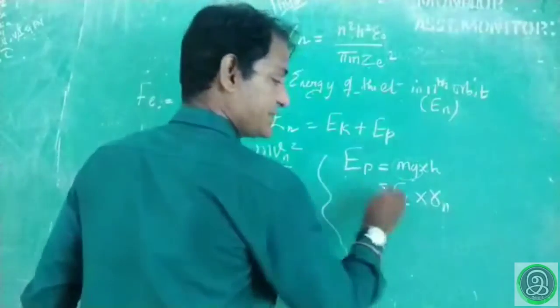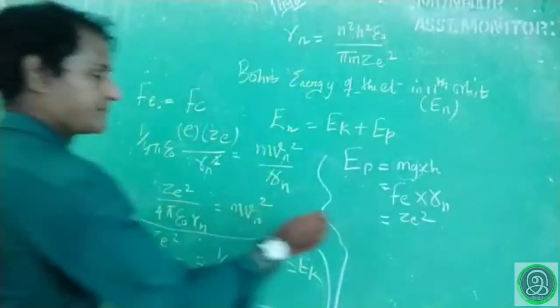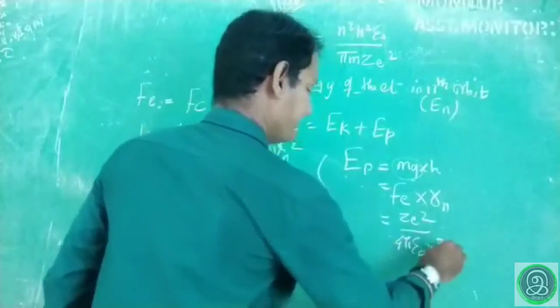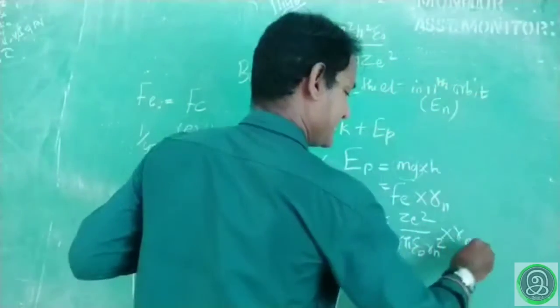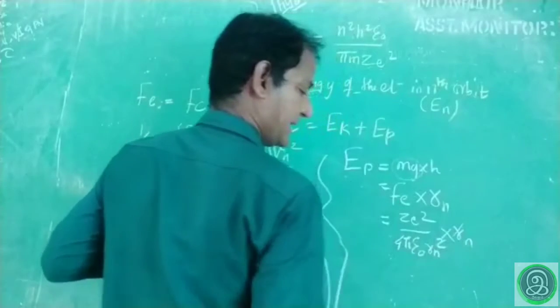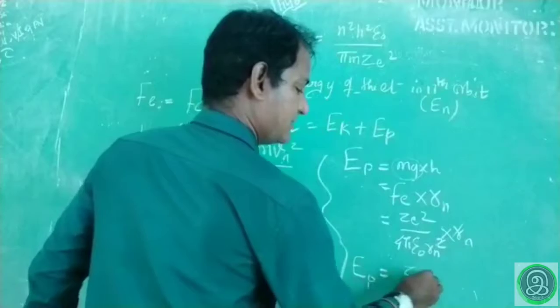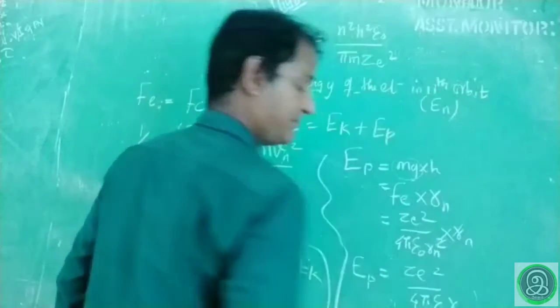So what is F suffix e? Ze squared by 4 pi epsilon naught Rn square into r suffix n. One Rn will get cancelled, so Ep becomes Ze square by 4 pi epsilon naught Rn.